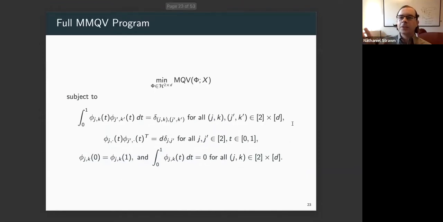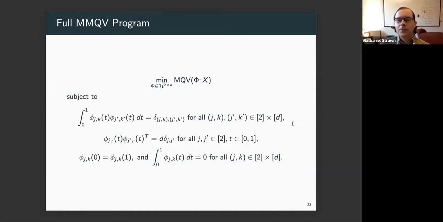And so we can set up this quadratic minimum mean quadratic variation program, right? It's seemingly simple. I basically just have an infinite dimensional optimization problem, a quadratic optimization program with quadratic constraints in infinite dimension, seemingly doable, right?